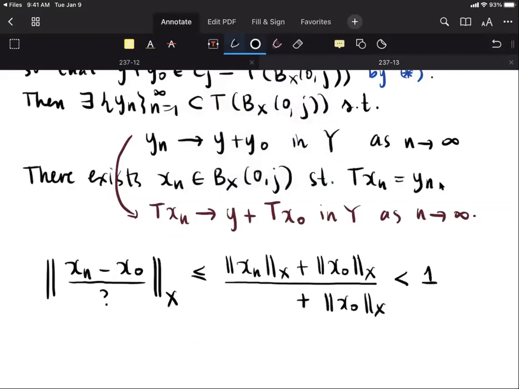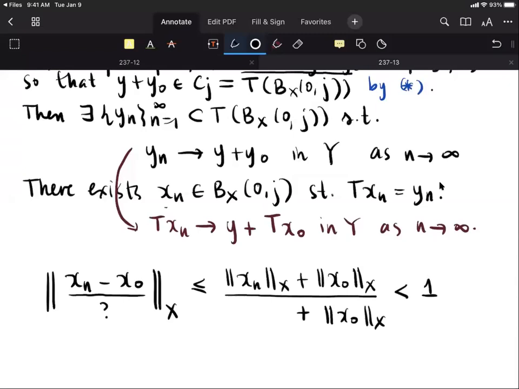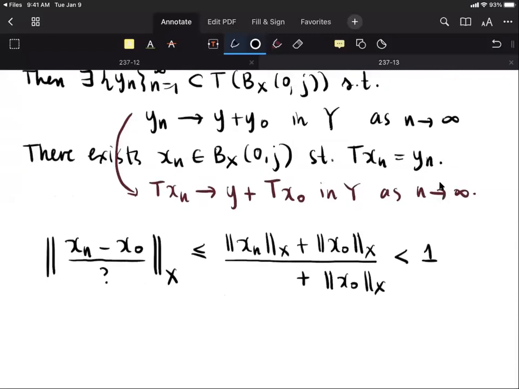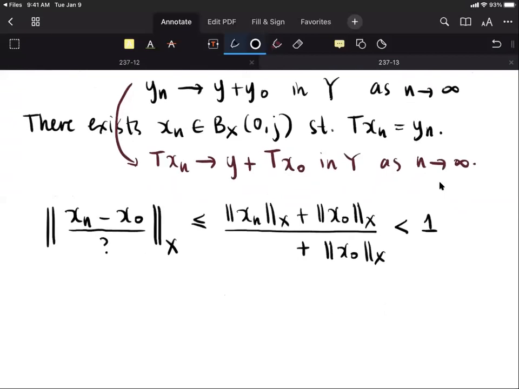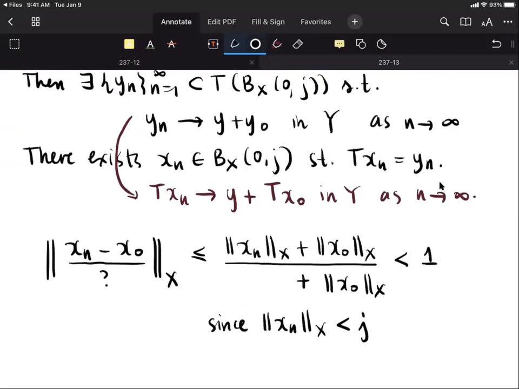Take note that x_n lies in this ball, so therefore the norm is less than j. So if I divide this by j plus the norm of x naught, then clearly this fraction here is less than 1.